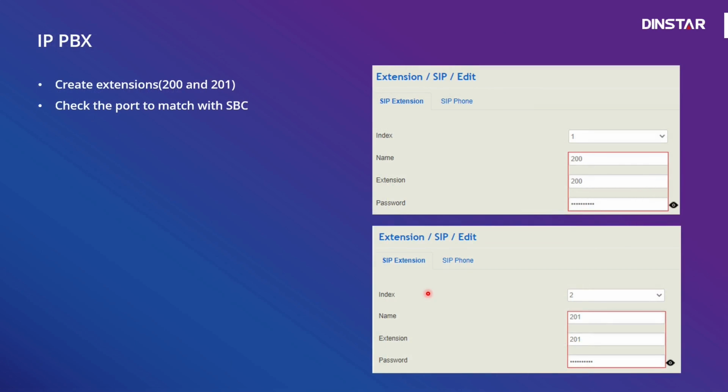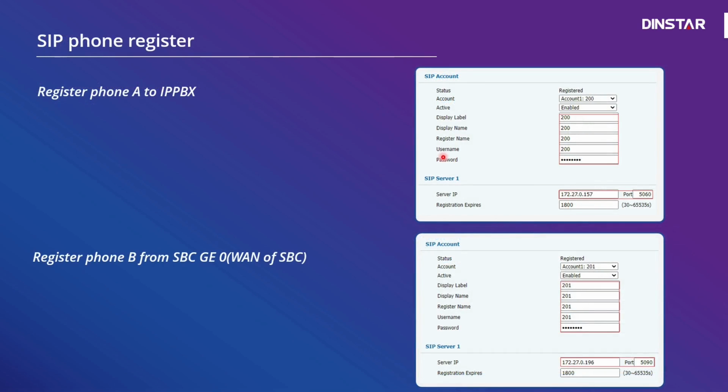And here we use the IPBX for internal IPBX testing purposes. You have to create two extensions to register your phones. I use phone 1, or phone A, to register to your PBX. Here I just gave the name, password, username, and so on.